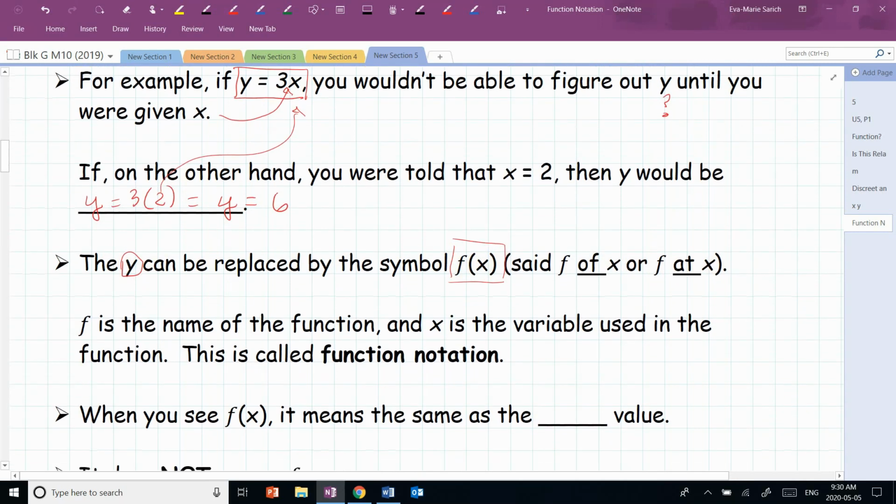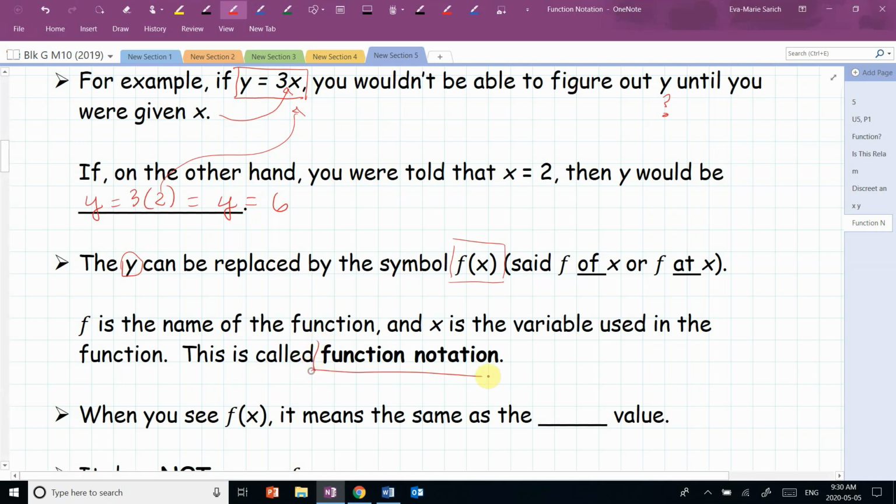So f is the name of the function. We often use f because it is the first letter of the word function, but it can be a g of x or h of x. We can use a number of different letters. So f is the name of the function and x is the variable used in the function. So this is called function notation, okay?